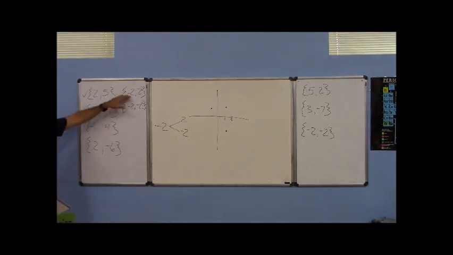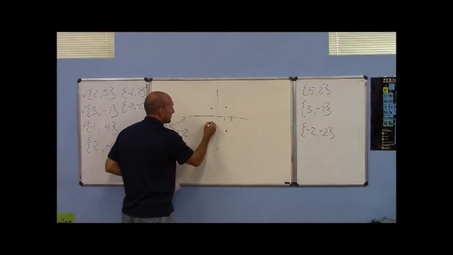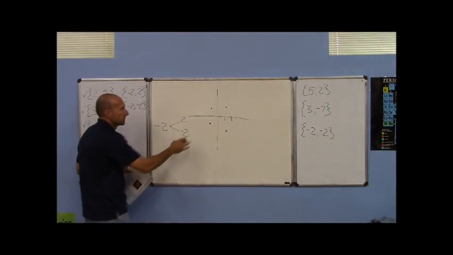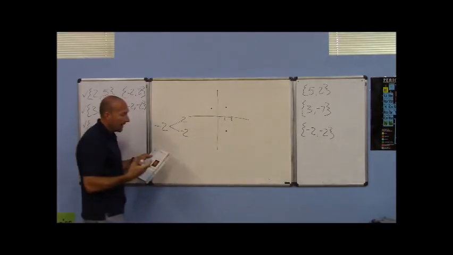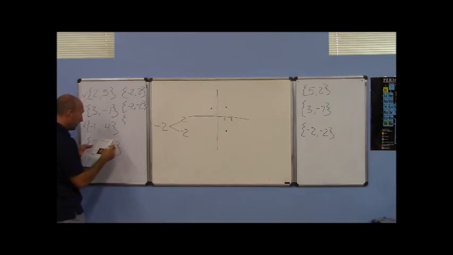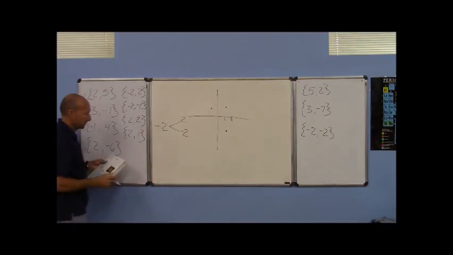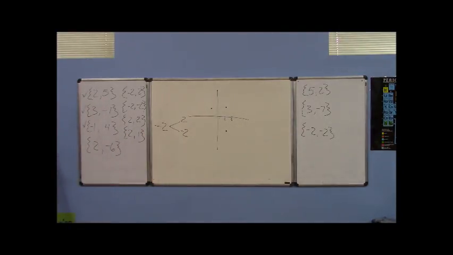Those end up being plotted essentially here and here. The same thing happens whenever we go in the +2 direction. We have a +2 and a +2, and then we also have a +2 for an x and a +1. Okay, so it is not a function.